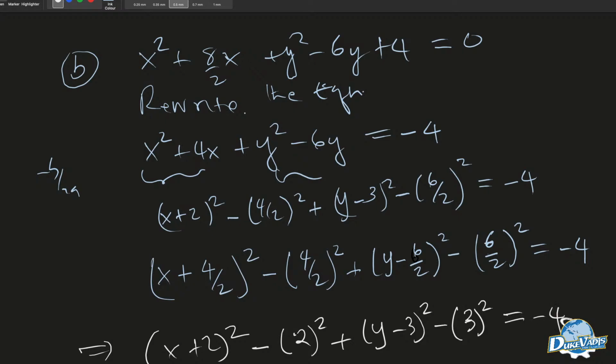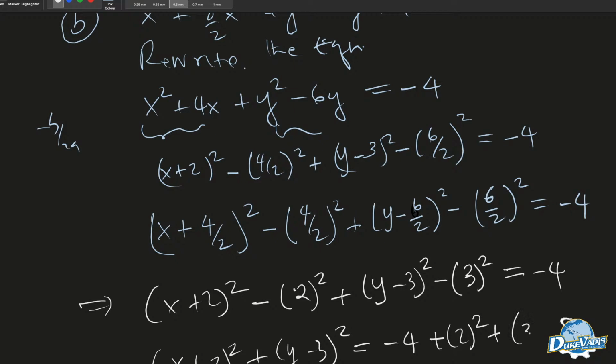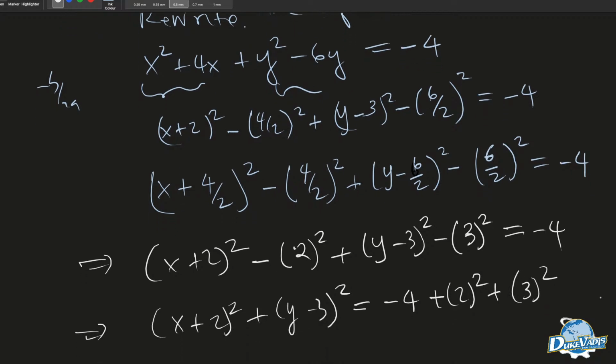So if we simplify very well, we have x plus 2 squared and y minus 3 squared equal to minus 4, and this one will come here, plus 2 squared, and this will be 3 squared.